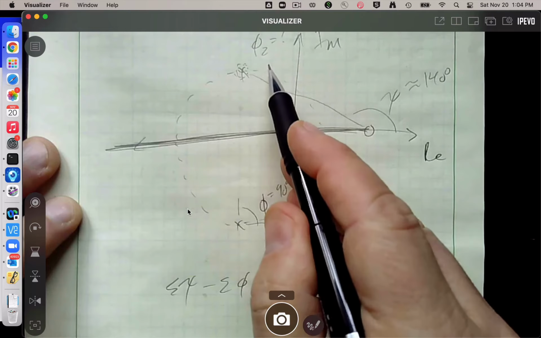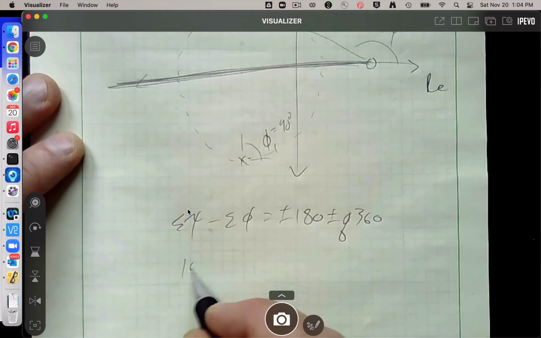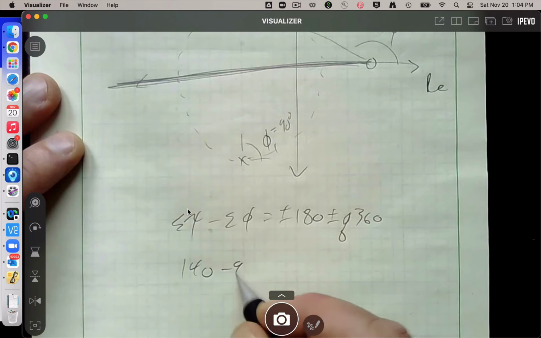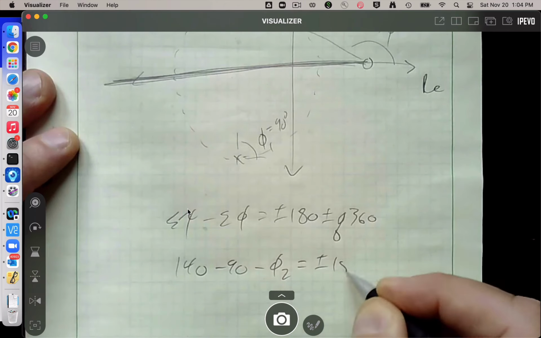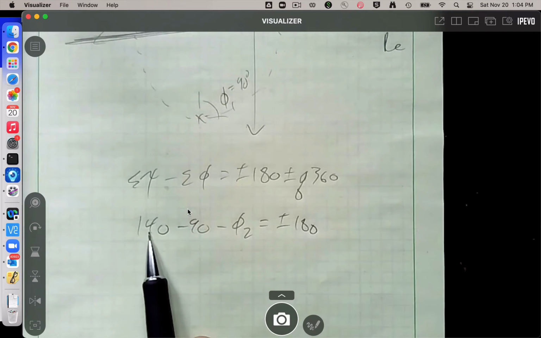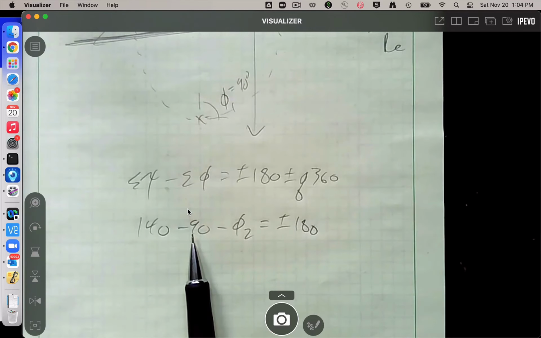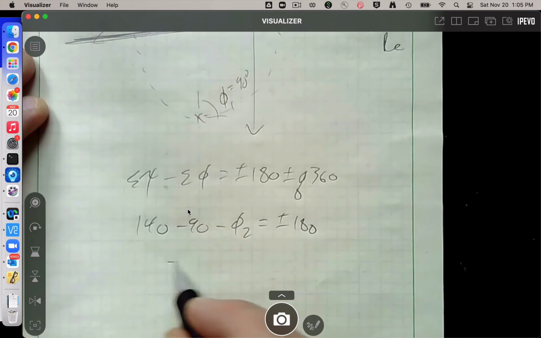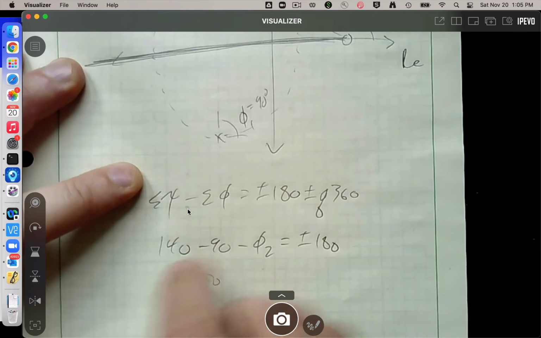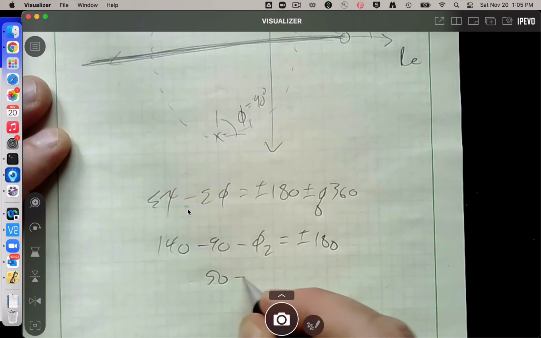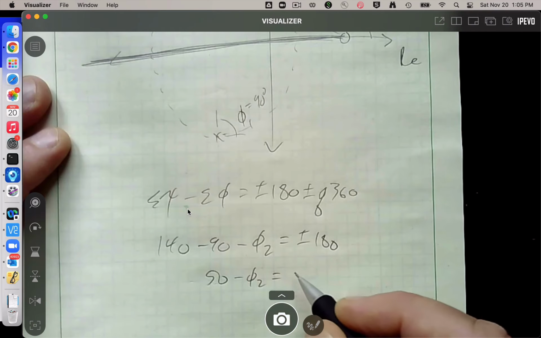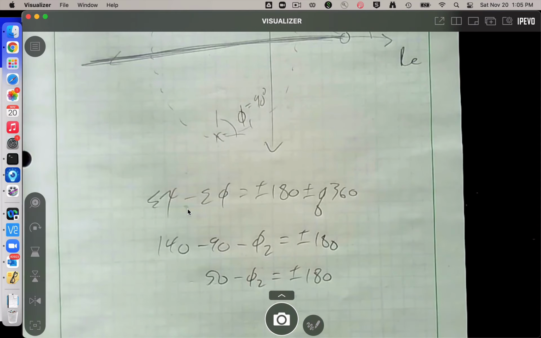So if I just plug in this formula and treat phi2 as unknown, I've got 140 minus 90, so plus 50. Positives and negatives, yo. So 50 minus phi2 has to equal plus or minus 180.